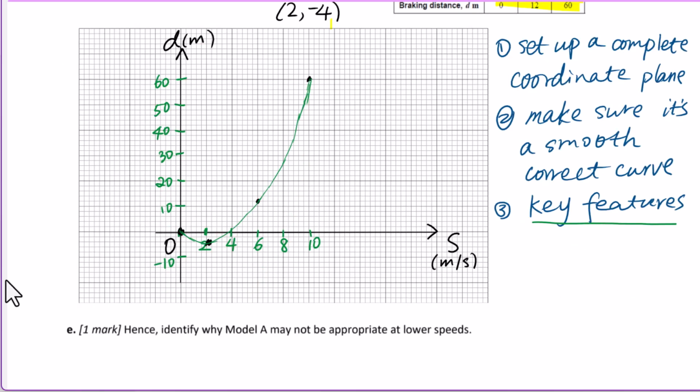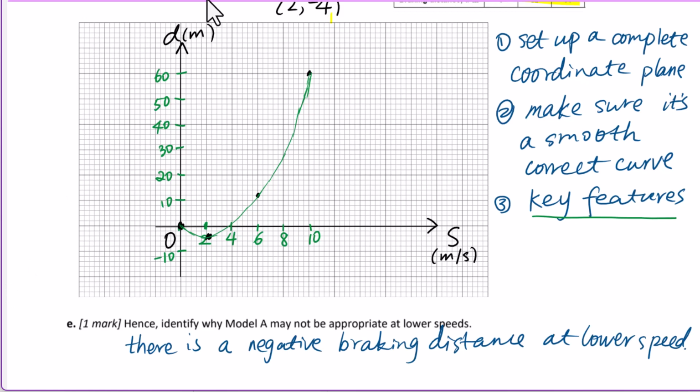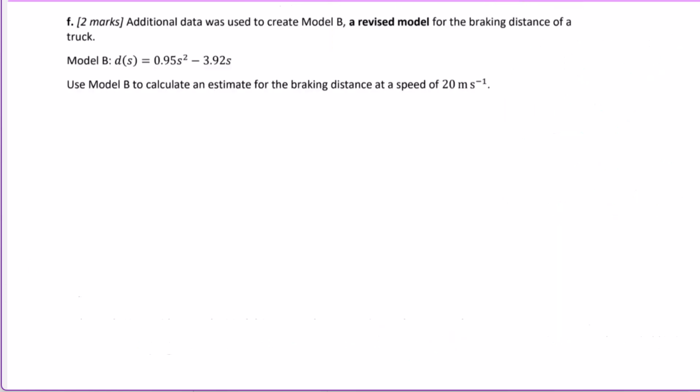Let's go to the next part. Hence, identify why Model A may not be appropriate at lower speeds. From the graph, we could say the distance is negative when the speed is low. It's a negative braking distance at a lower speed.